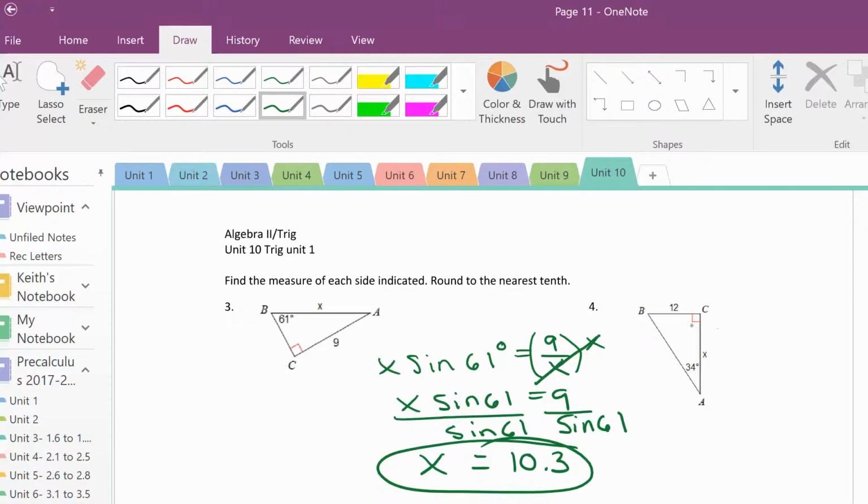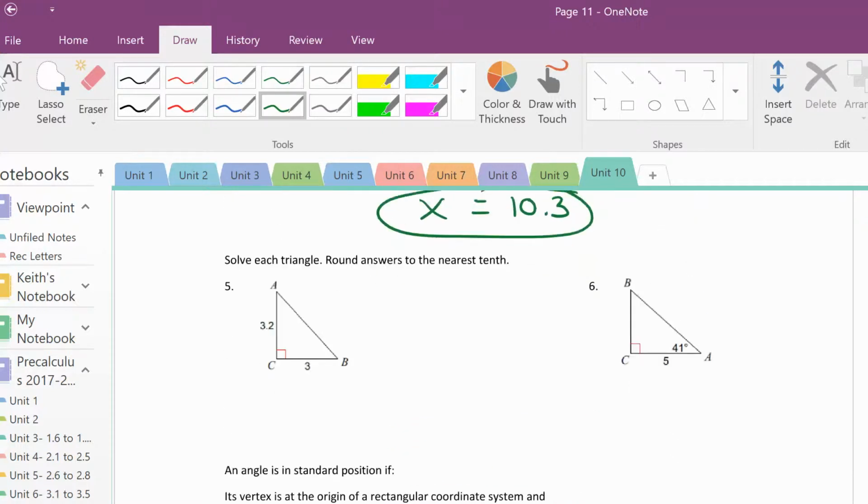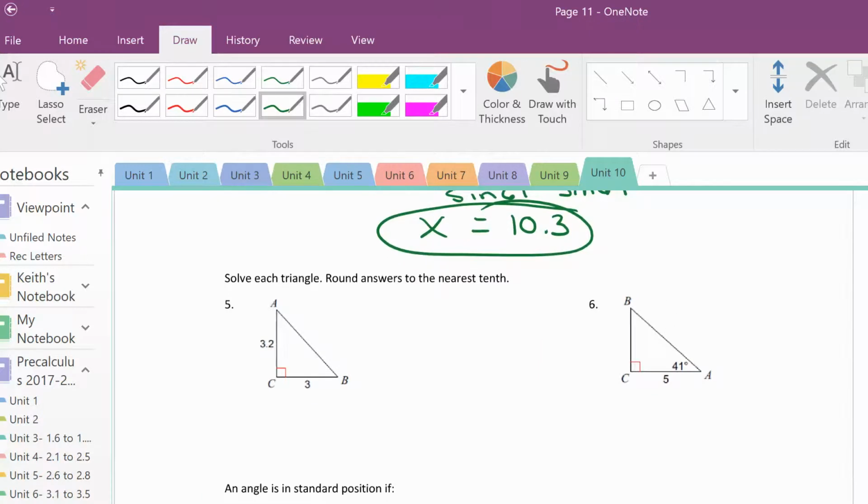I'll let you do the other one on your own just to see what it's talking about. When it says solve each triangle, that means that you're trying to find the missing side, which is AB, and the two angles, A and B. So you want to find the missing parts.